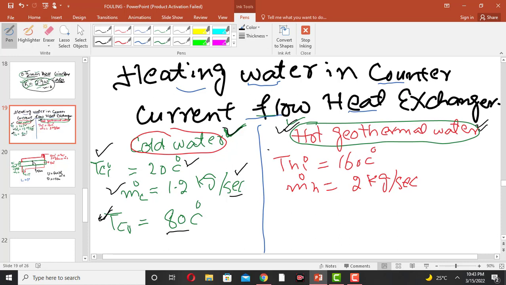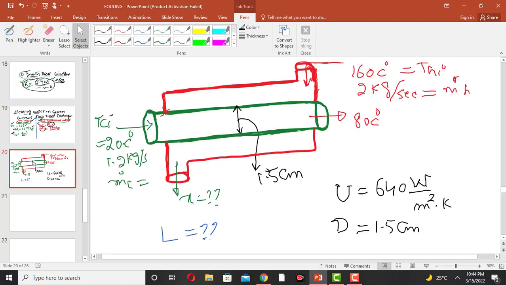The inlet temperature of the hot geothermal water is 160 degrees centigrade, and the mass flow rate of the hot geothermal water is 2 kg per second. Similarly, the overall heat transfer coefficient is 640 watt per square meter Kelvin, and the diameter of the tube is 1.5 centimeter. This is a counter current flow shell and tube heat exchanger.